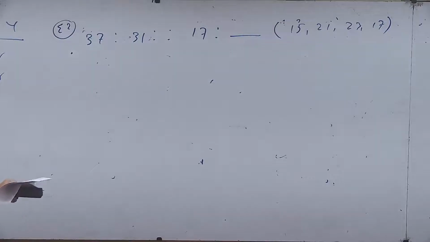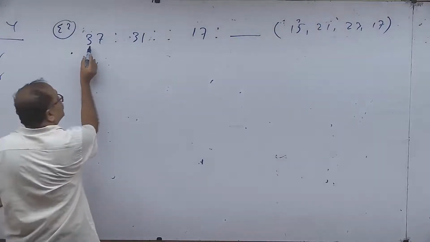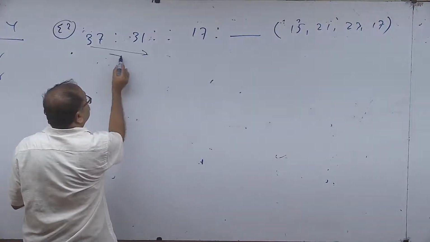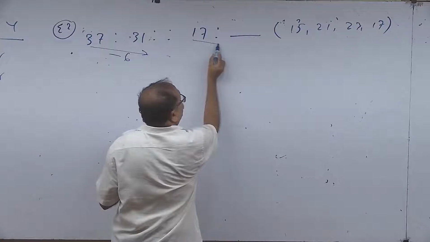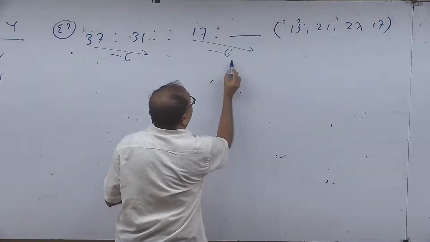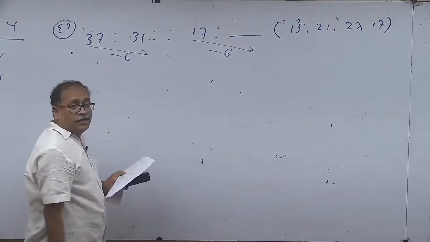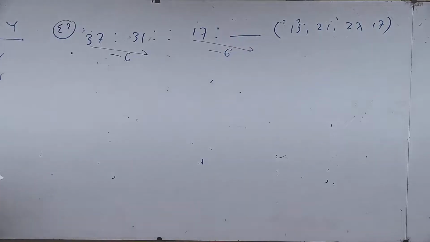So now what you are understanding, bluntly I will say, is that 37 and the next number is 31, so it is decreasing by 6, so I will go for minus 6. When I see minus 6, 11 is not there, it's okay. So I notice that both the numbers are prime numbers, 37 and 31.